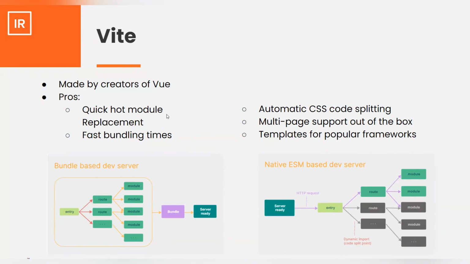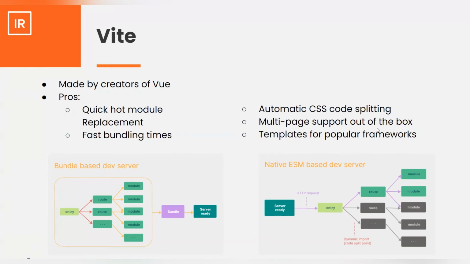Some pros are that they have quick hot module replacement. There are faster bundling times, as it uses ESBuild behind the scenes to pre-bundle the large dependencies. There's automatic code splitting and CSS code splitting, so you only load the CSS that your page really needs.